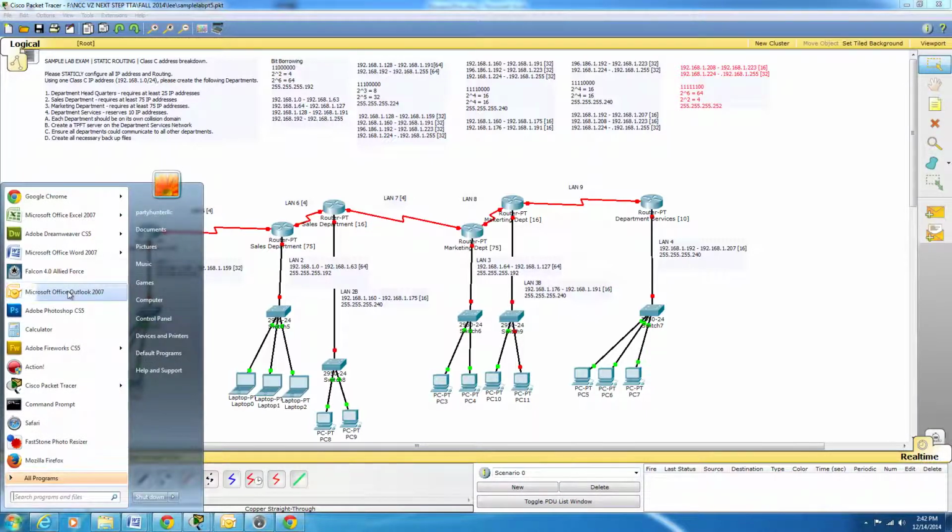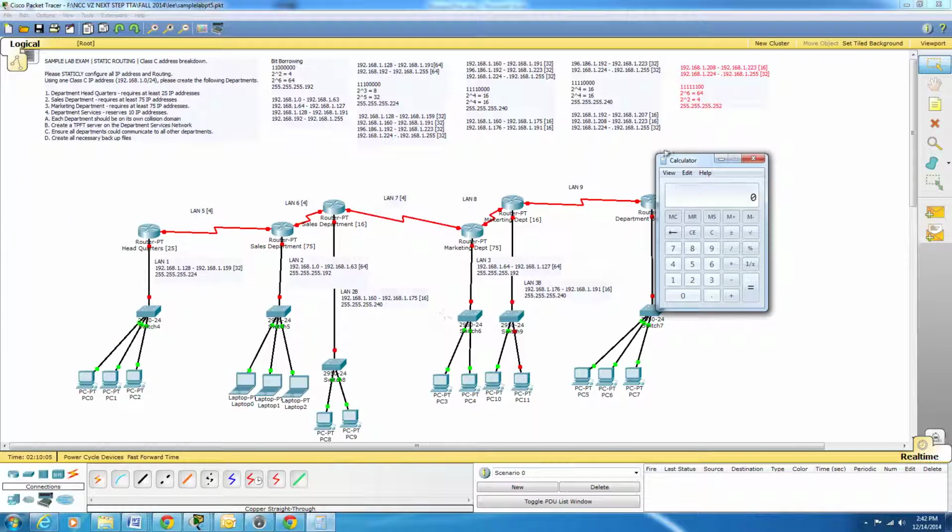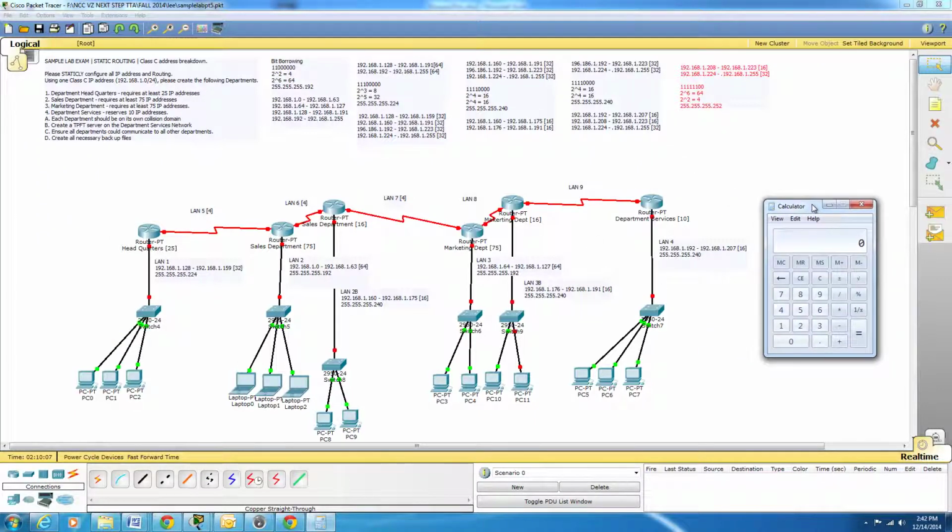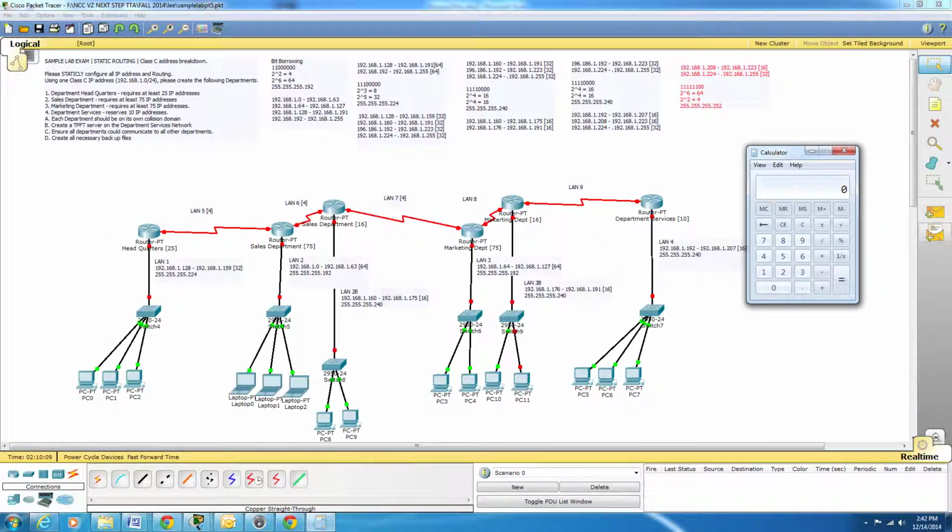So we can do that quickly. Since we borrowed 6 bits, we're going to go with the first bit representing 128, plus the second bit, which is 64, plus the third bit, which is 32, plus the fourth bit, which is 16, plus the fifth bit, which is 8, plus the sixth bit, which is 4.